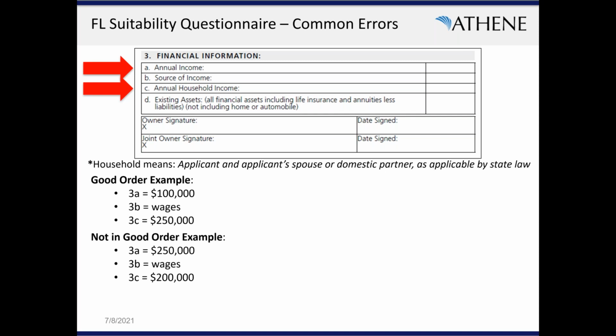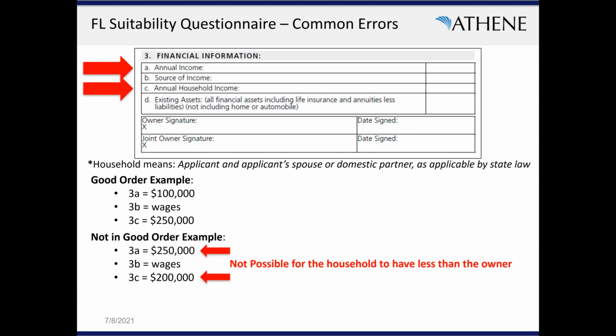Now, a not in good order example is where the owner has annual income of $250,000. The source is wages, but then somehow the annual household income is only $200,000. The reason that's not good is it's not possible for the household to have less than the owner. They can have the same, but the household cannot have less.